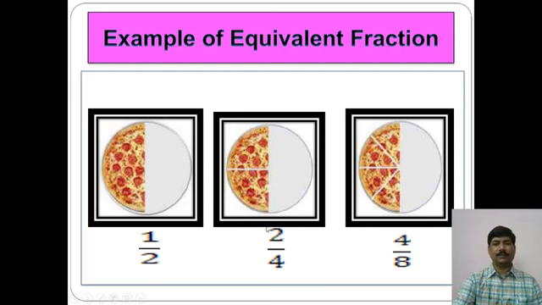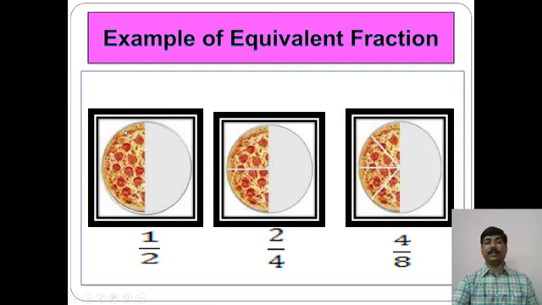In this case, this part shows the half pizza. In the third case, this also shows the half pizza. But in the first case, this half part is a single part. Now this half part is divided into two equal parts. In the third case, this half part is divided into four equal parts. If we write this part with respect to the whole, what will be the fraction?